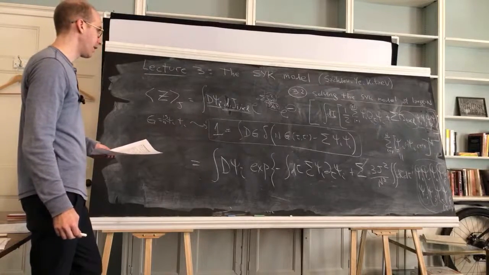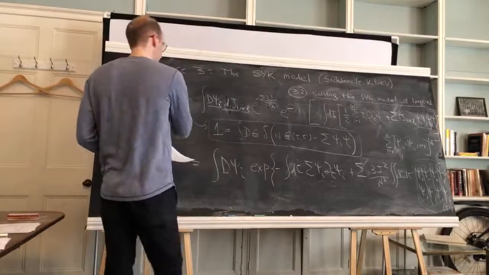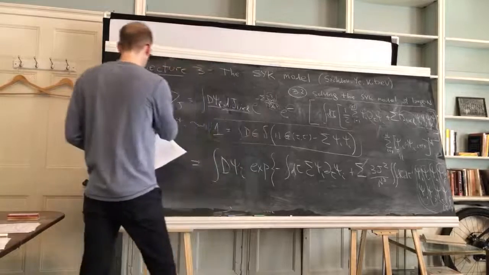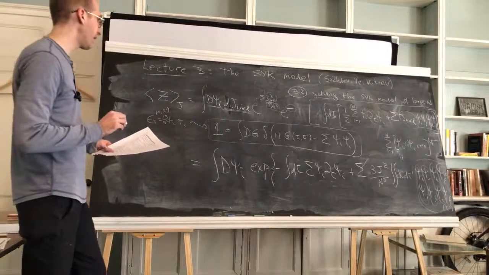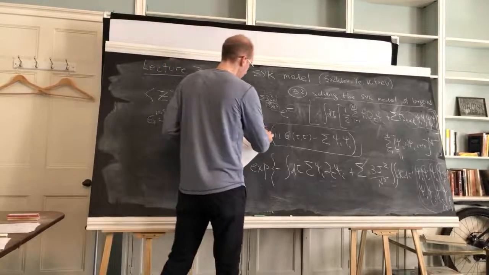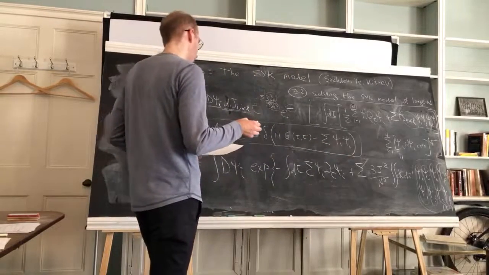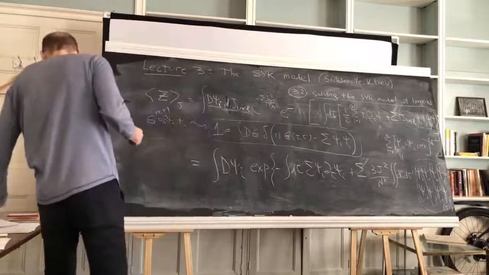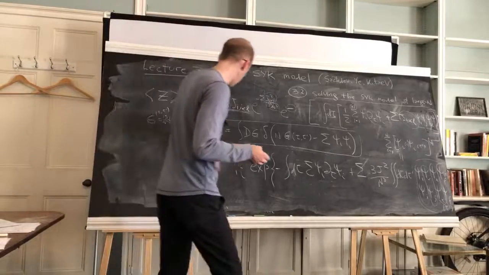And then I would like to represent, well, here already we see that this G will start depending on 2 times. So this is tau and tau prime. And the other bilinear, our sigma, will appear as a Lagrange multiplier. So I will choose a representation of this delta. I don't have enough space. Let me write it down.